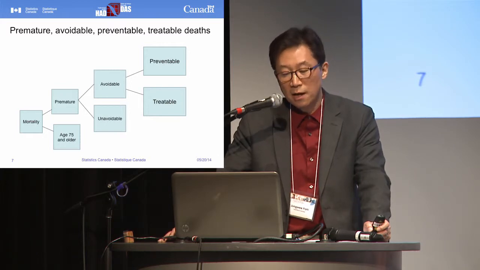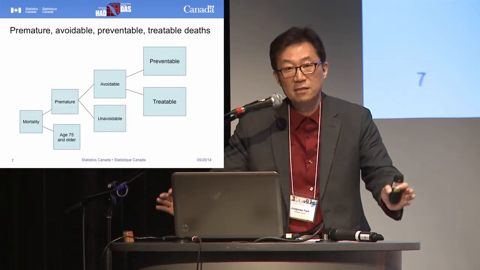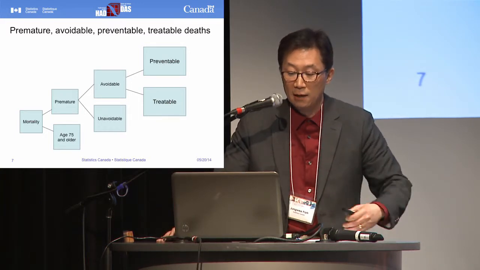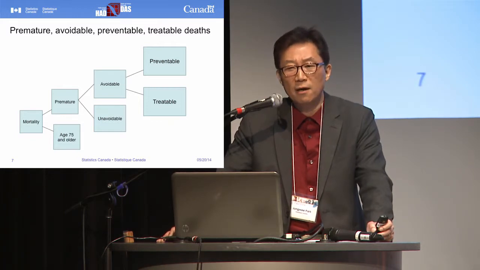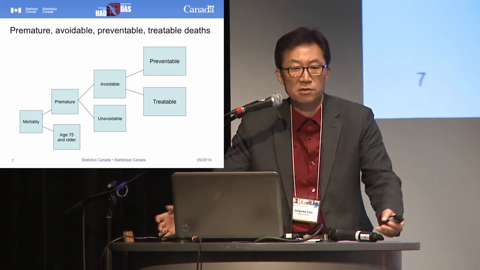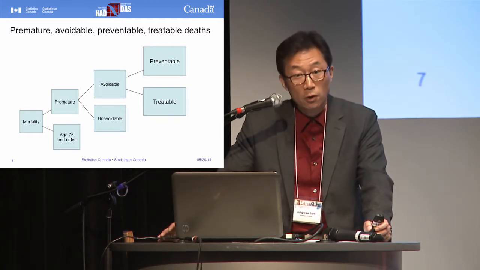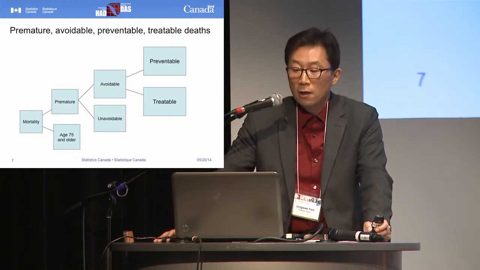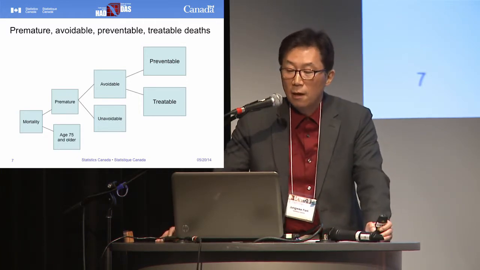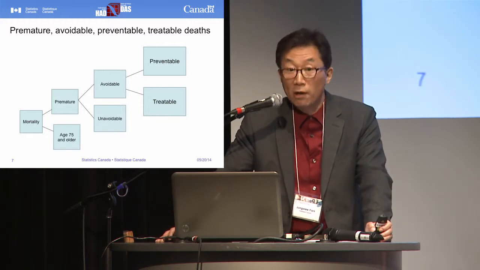Let me give you just an example before leaving this slide. Premature death is any death before age 75. But what is the unavoidable death? I would say pancreatic cancer. Steve Jobs died of that. So pancreatic cancer is an unavoidable cause of death. For avoidable ones we have many things, but for preventable, if we use a cancer case, lung cancer.